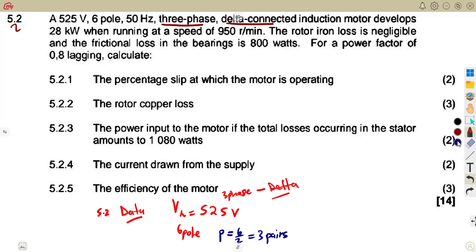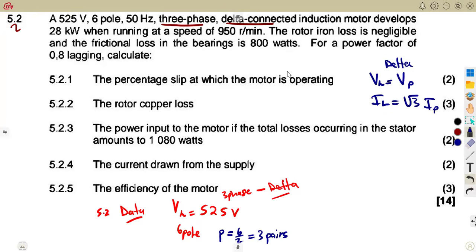In a delta connection, what do we understand in terms of the voltages and the currents? In a delta, the voltage is the same. The line voltage is your phase voltage. But the line current is equal to the square root of 3 times the phase current. That is the condition of a delta. So you have to consider that.